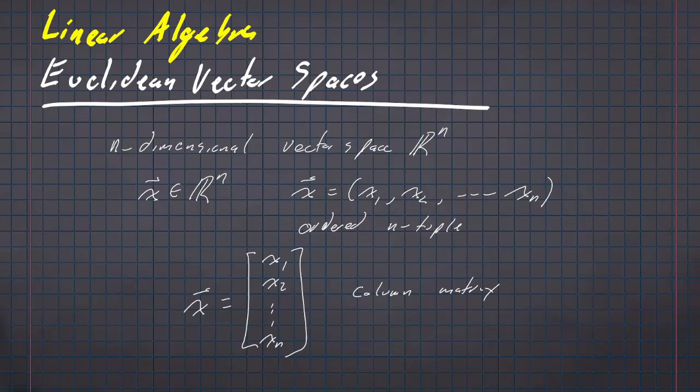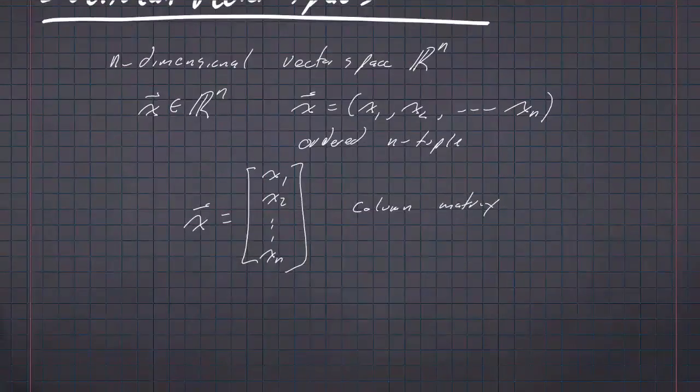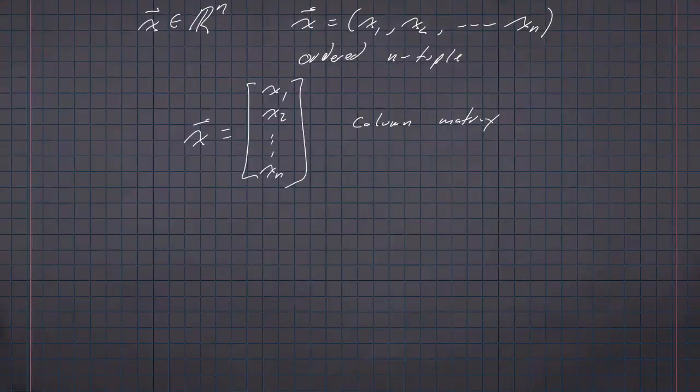And thinking about vectors in terms of matrices is going to be very much more convenient for us throughout this course. A vector space is a set equipped with a couple of specific operations that have specific properties.